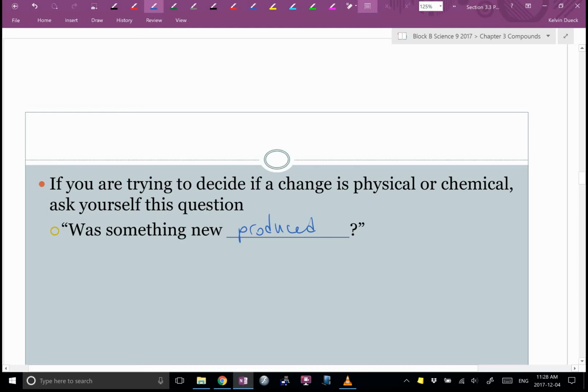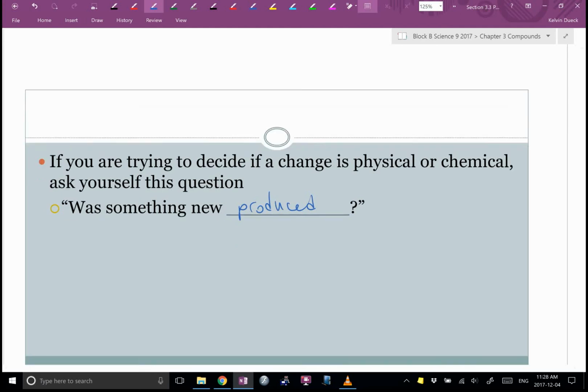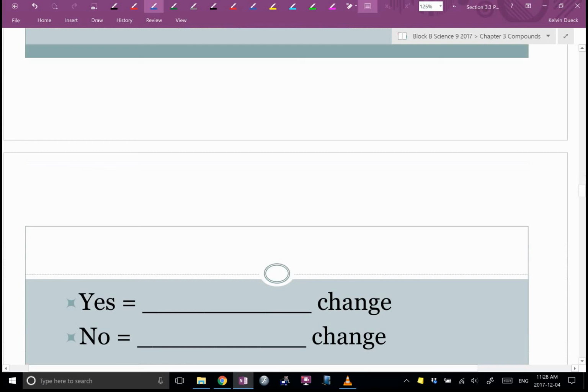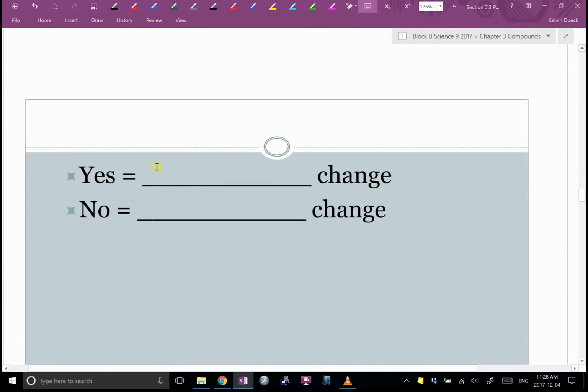If the answer is yeah, that's a chemical change. If the answer is no, then it was a physical change. So yes, chemical change. No, physical change.